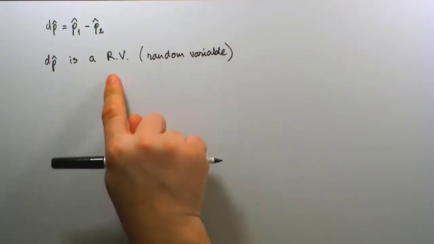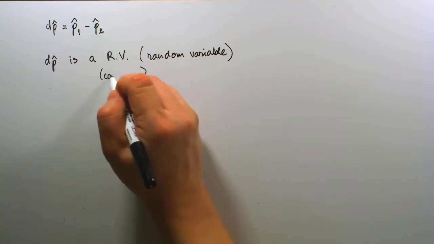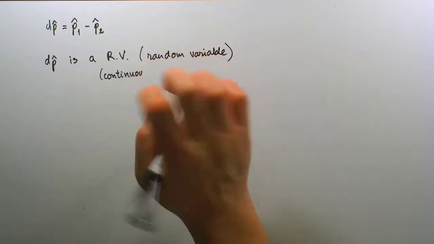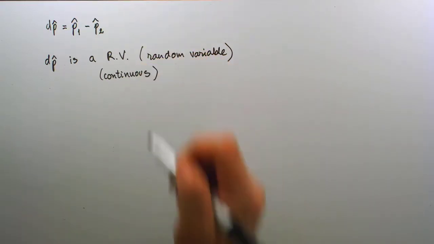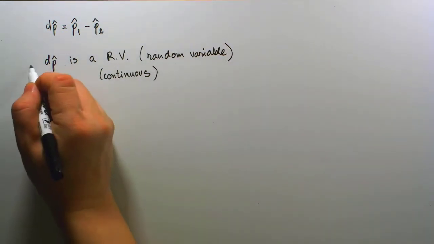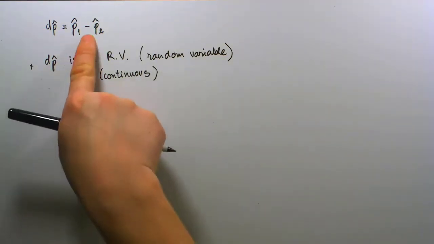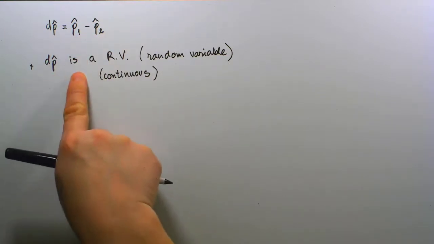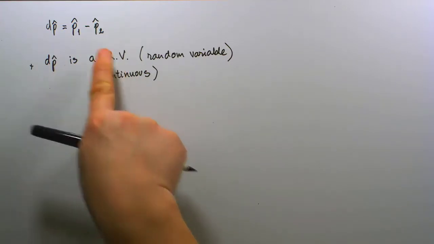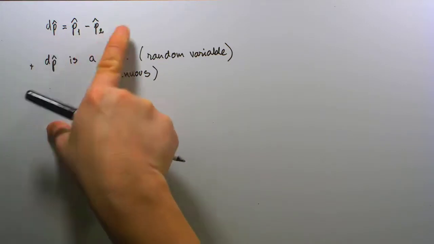And as a matter of fact, it is a continuous random variable. So that's the first fact to understand about dp hat once we have defined it. We realize it's a continuous random variable simply because anyone at this point has agreed that dp hat, defined as such, has infinitely many values.